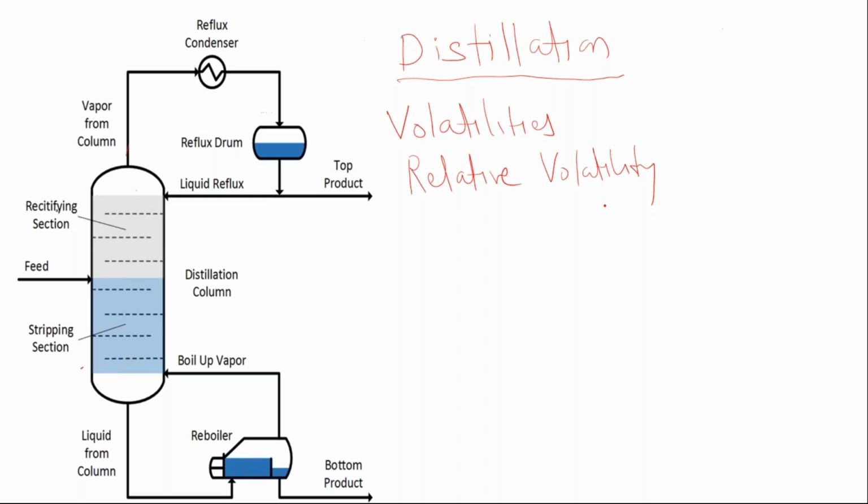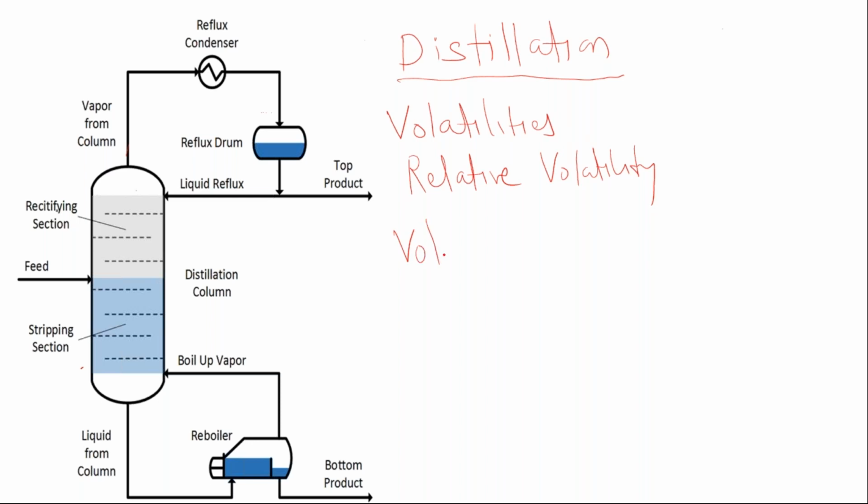If substance A is more volatile than substance B, then we can say that A is more volatile than B, or we can also understand the concept of this volatility and relative volatility.